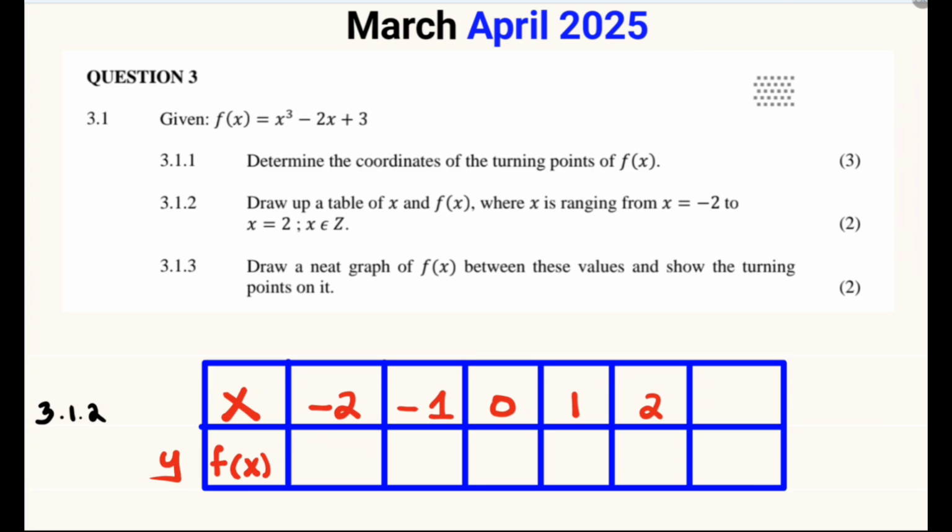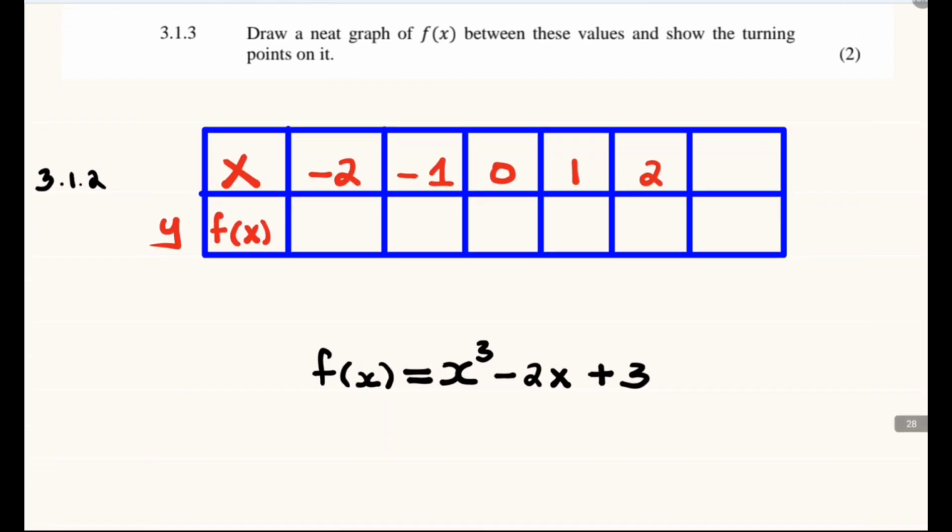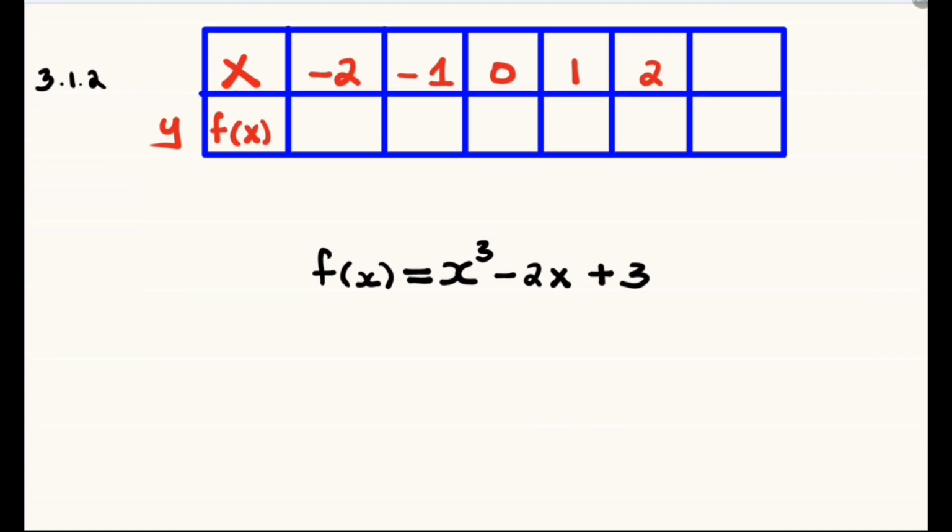3.1.2, we draw up a table of x and f of x, where x is ranging from x is equal to -2 to x is equal to 2, and x is an element of integers. We just plug the integer values from -2 to +2.